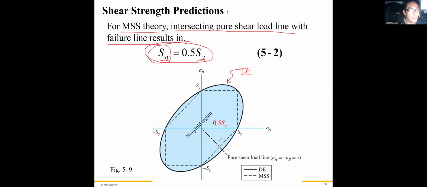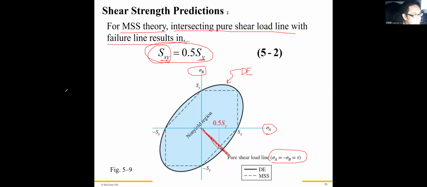Okay, and for the pure shear, the line defines sigma A equals minus sigma B equals shear stress. Therefore, this line defines the pure shear, the pure shear loading line.